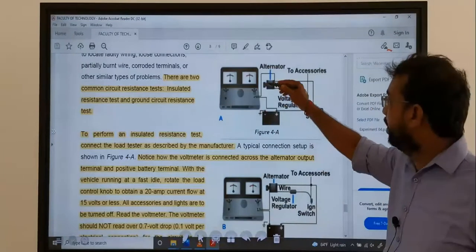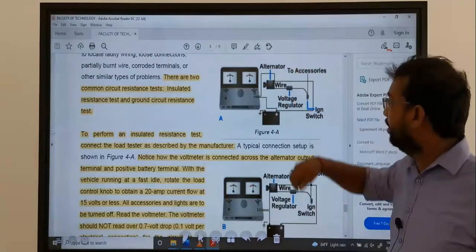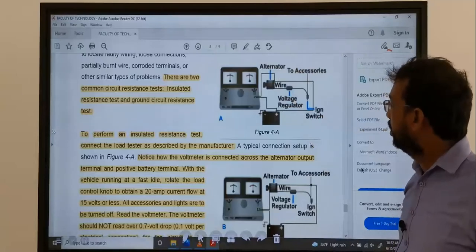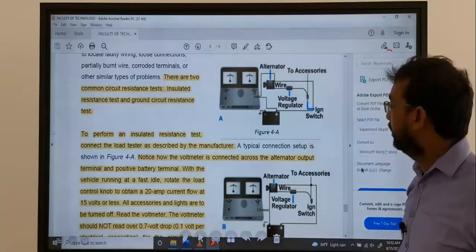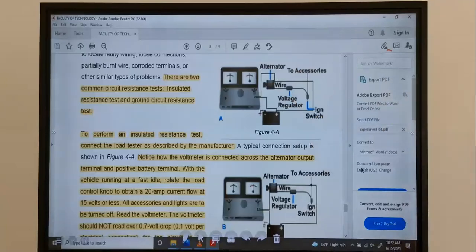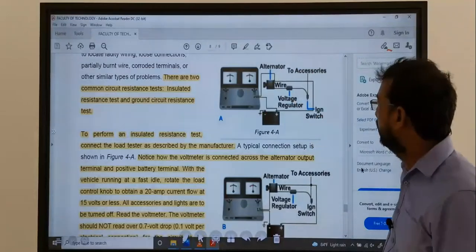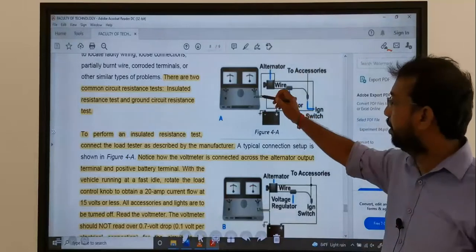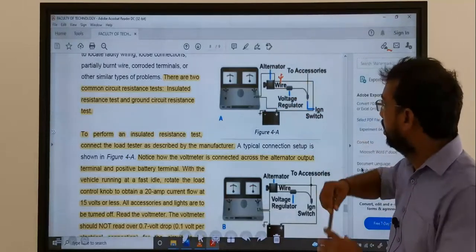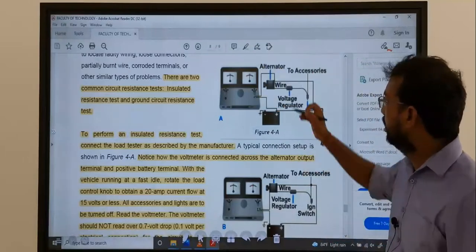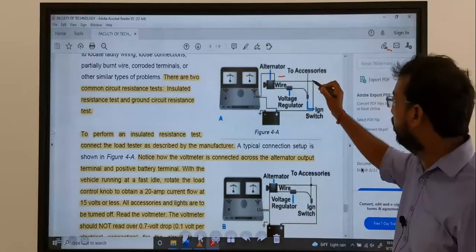The minus point connects with the ground point of this alternator. Sorry, the multimeter plus point is connected here, plus, and here, minus.